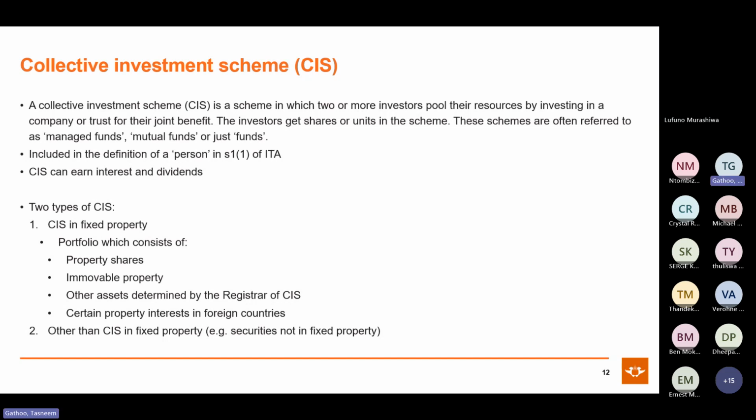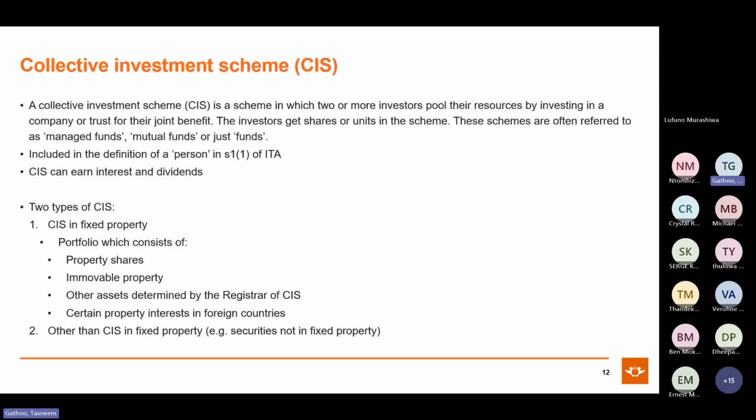There are two general types of collective investment schemes, and this is just purely informational. You get collective investment schemes in properties, which would consist of a portfolio of property shares. So it doesn't necessarily mean that you own the property. It just means you have shares in a company that holds properties.